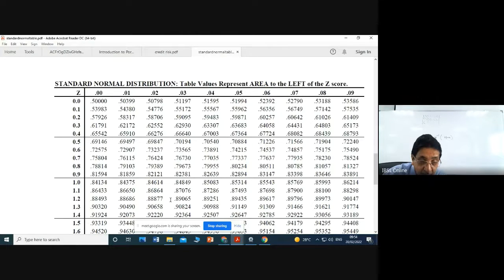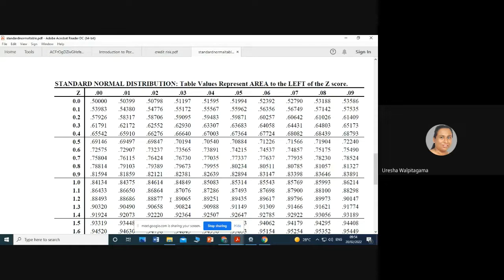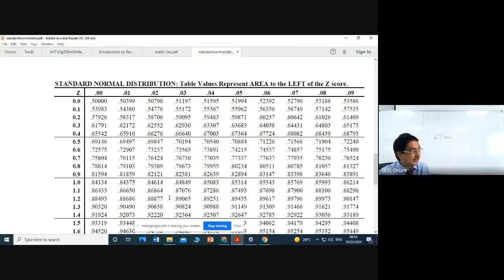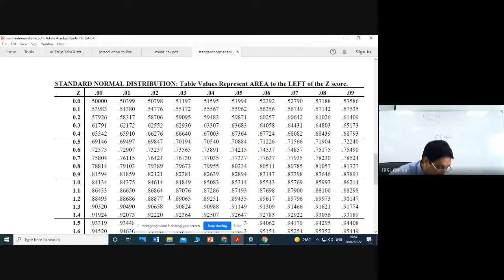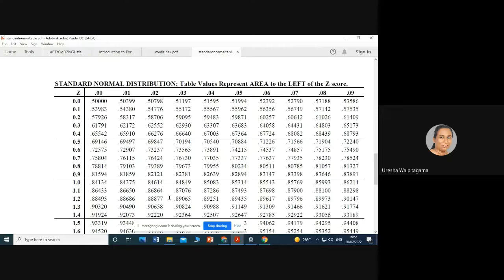Uresha? So we have to take the difference. That comes to 0.00188. Then don't we have to divide that difference by 0.01, which comes to 0.188?